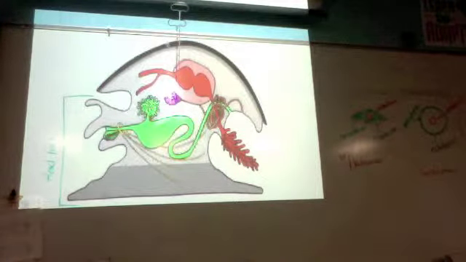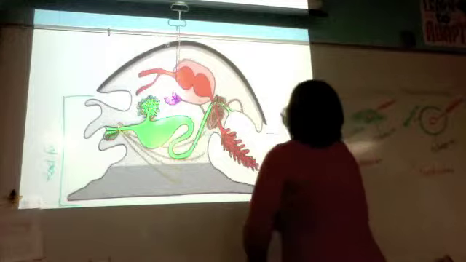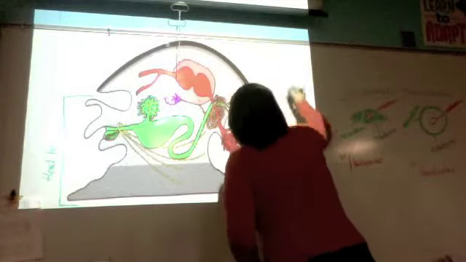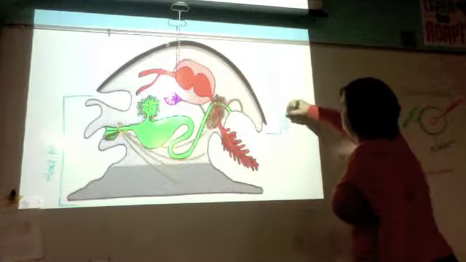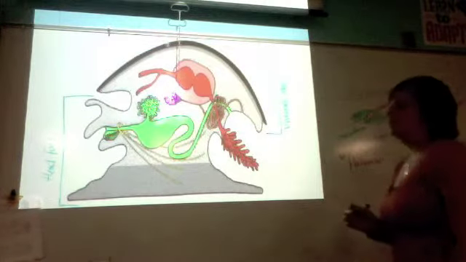Now, not every mollusk that you see is going to have a true head foot, but most of the ones that we talk about are going to. Okay? Everything from that point upward, I'm not quite tall enough. Ugh. This is the visceral mass. Okay?